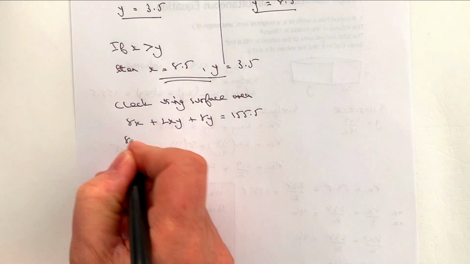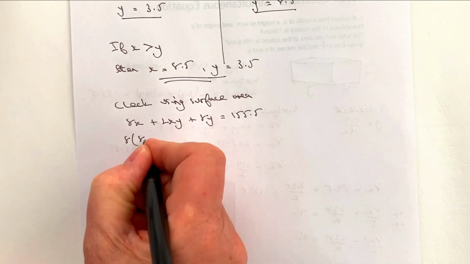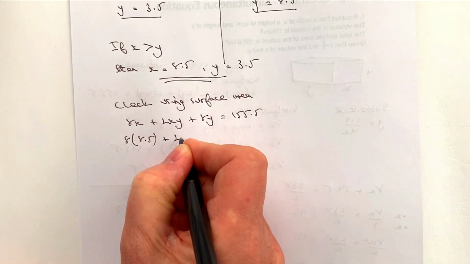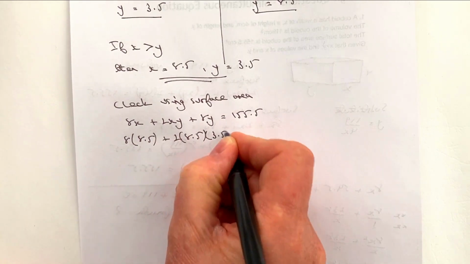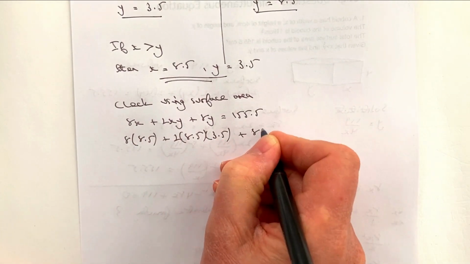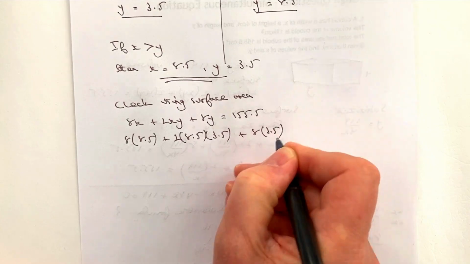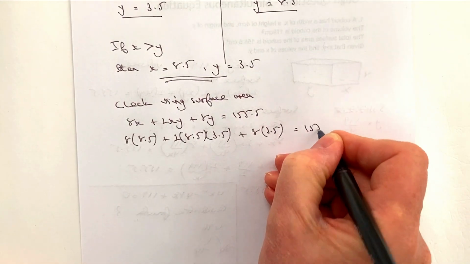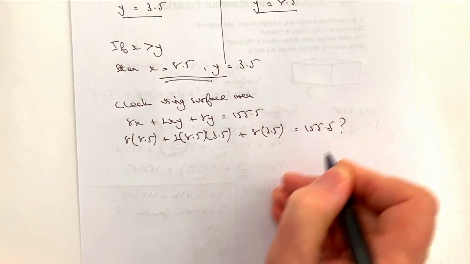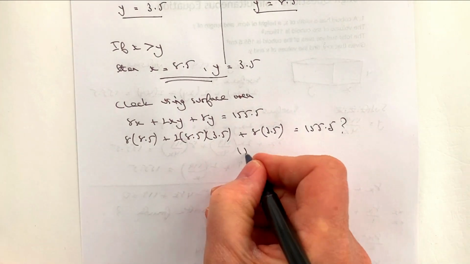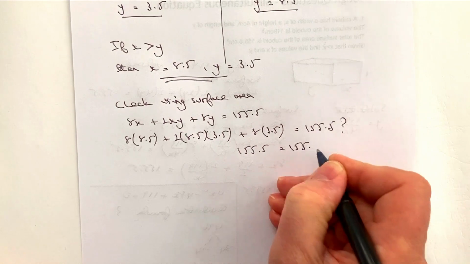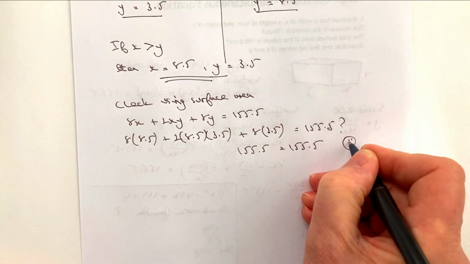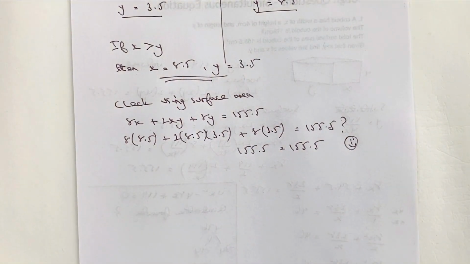So 8 times 8.5 plus 2 times 8.5 times 3.5 plus 8 times 3.5. Does that equal 155.5? Well, yes, it does. So you get a nice smiley face, because you've actually checked that.